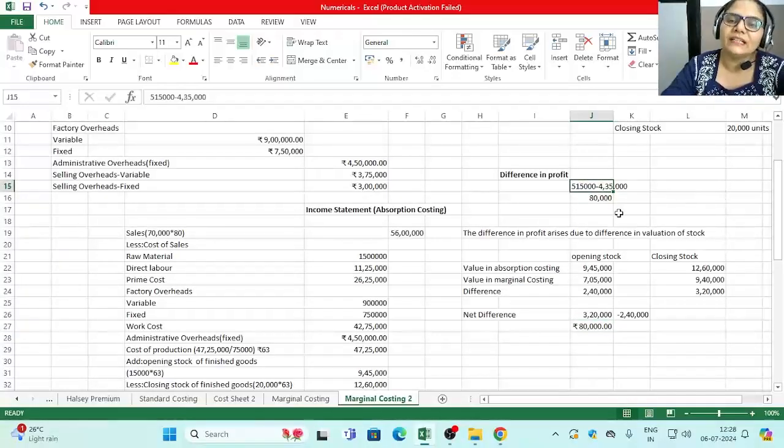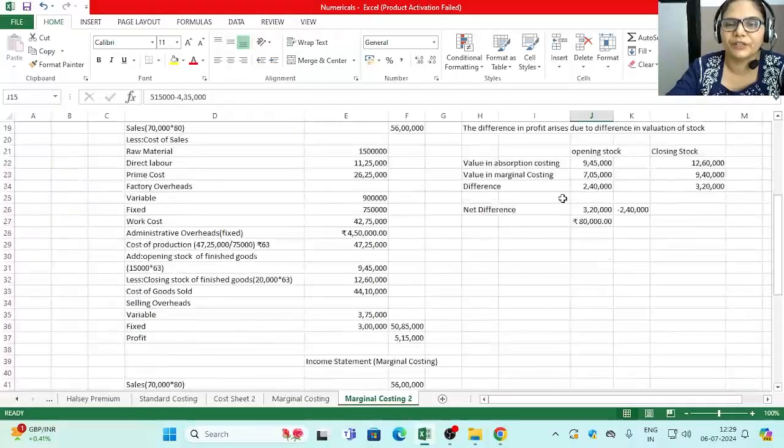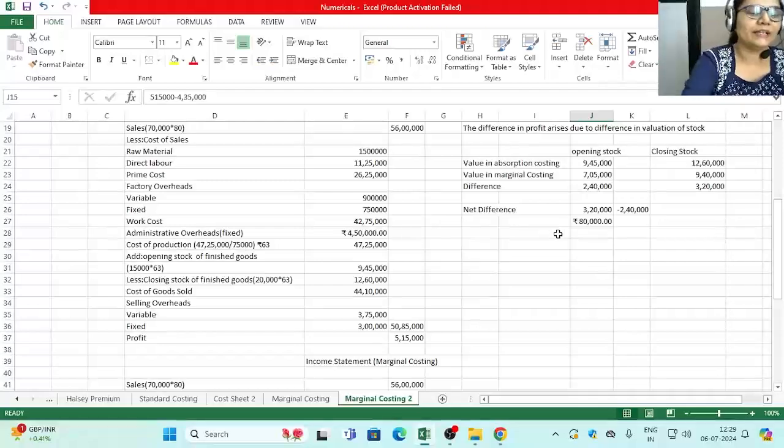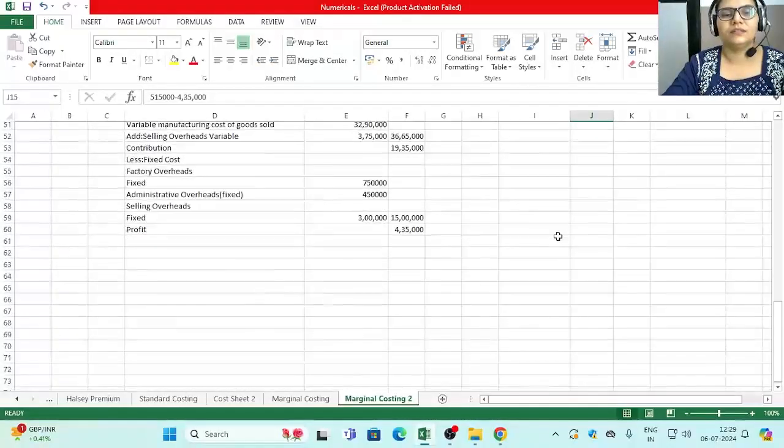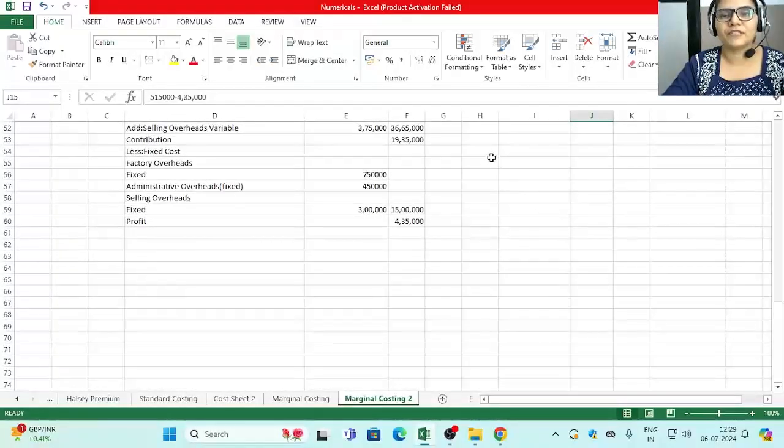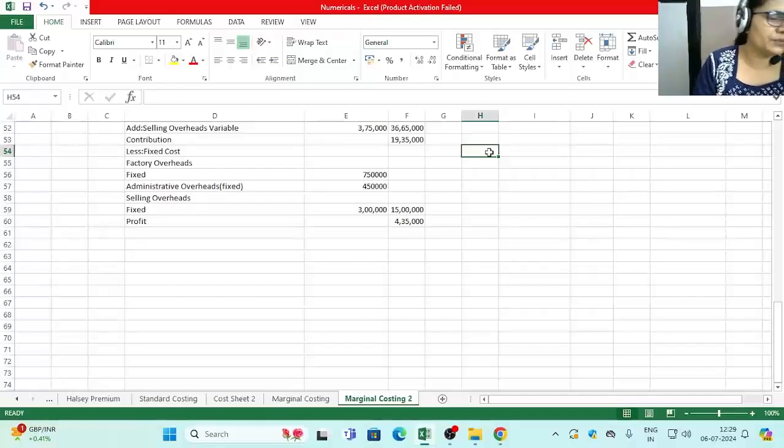So basically this difference is due to the difference in the valuation of stock, which is showing in the profit also. And one thing to note is this; I'll write it in the form of a statement, then it will be more clear to you.